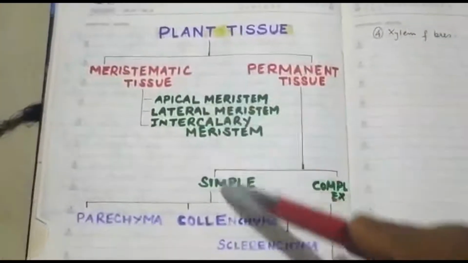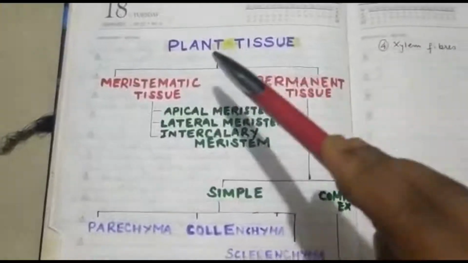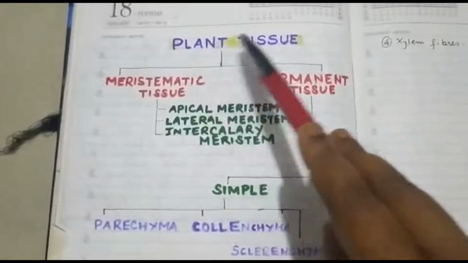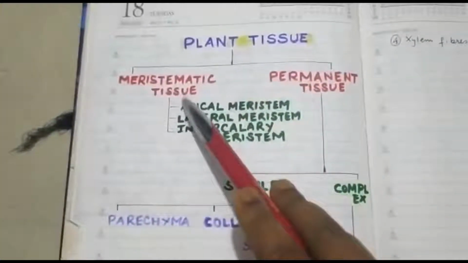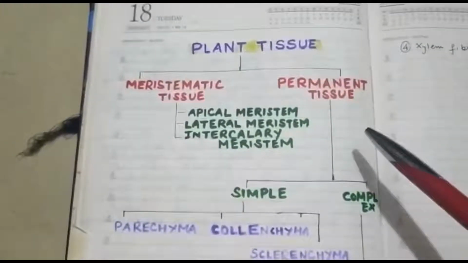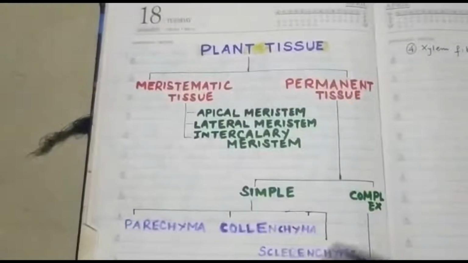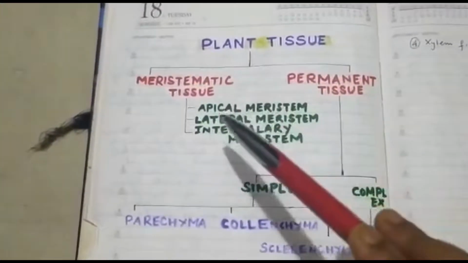It describes the plant tissue part and its types. So basically plant tissue is divided into two types, meristematic tissue and permanent tissue. In the latter part of the video I shall explain all these terms. First of all, let me explain the chart.